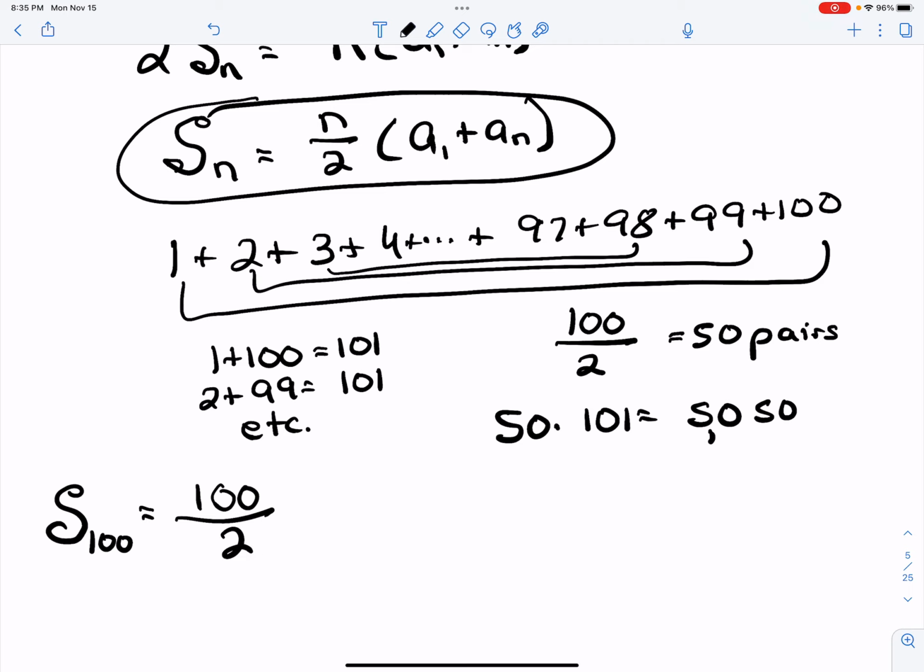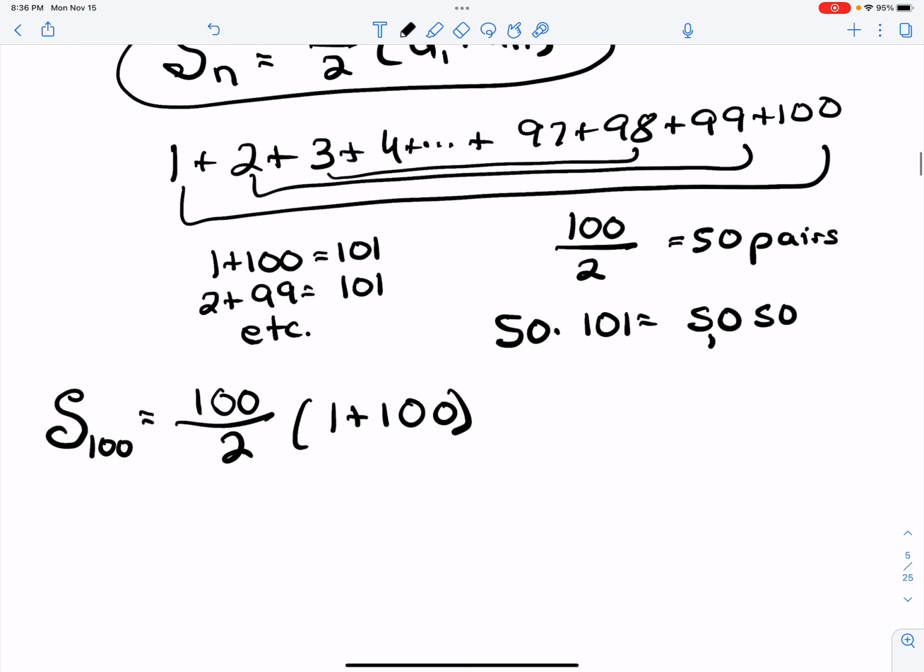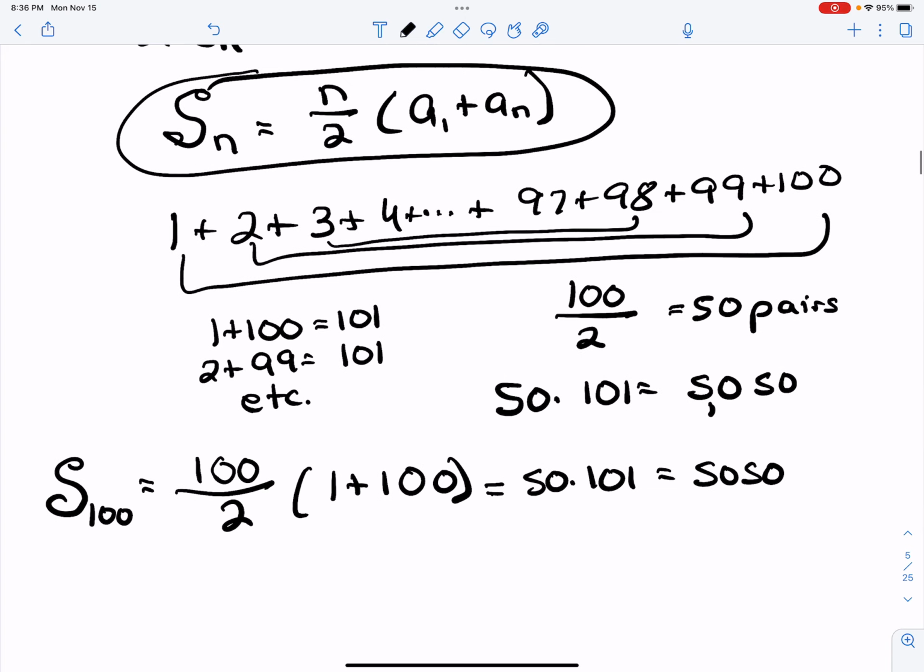That gives you the 50 pairs. And if you add the first and the last terms together, a sub 1 is 1 and a sub 100 is 100. That gets you the 101. So it's the same thing, same idea. Just now we have a generic formula, so we can apply it to any kind of sequence when we want to find the sum.